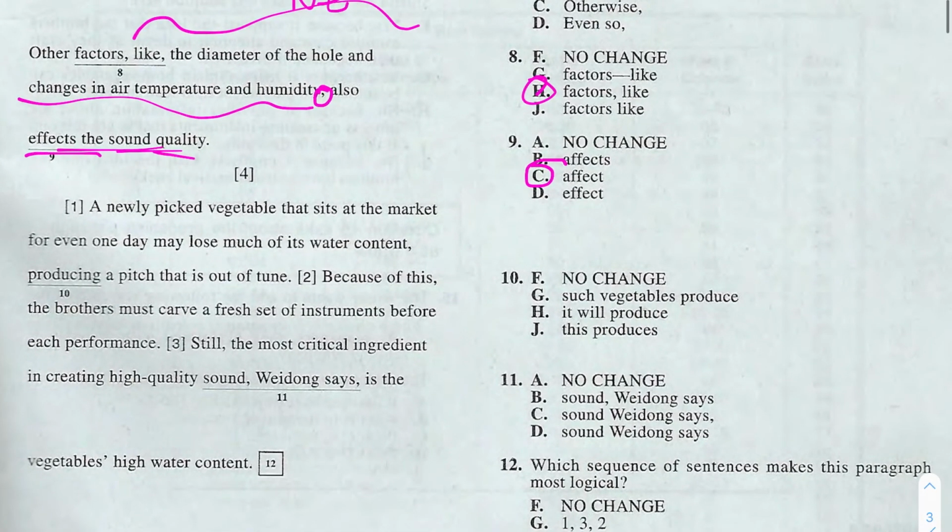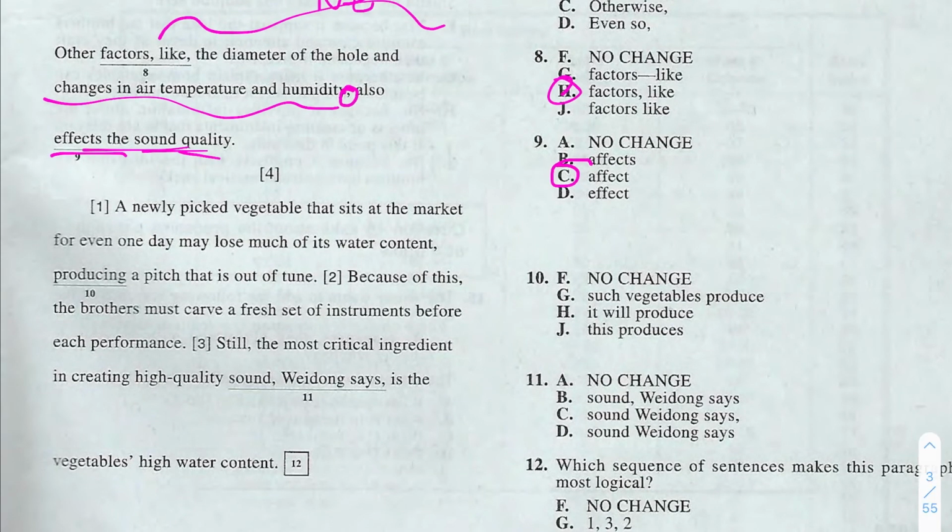Ten is F, because this right here, the first part before the comma, can be considered as an independent clause. So just like the previous questions, there's a dependent clause and then an independent clause follows it.